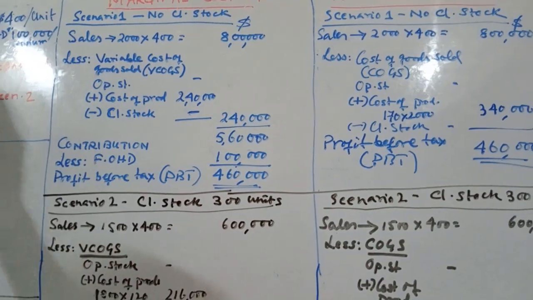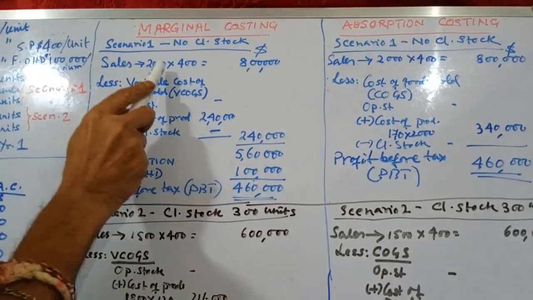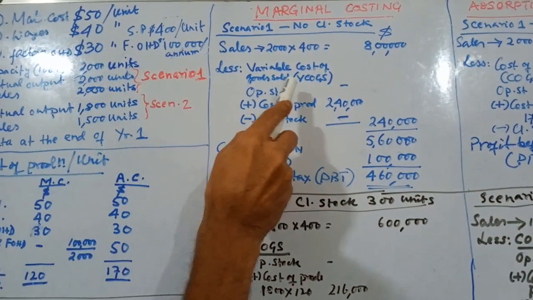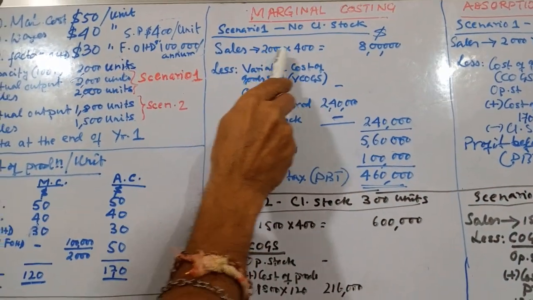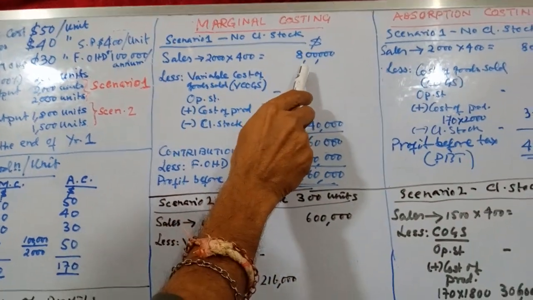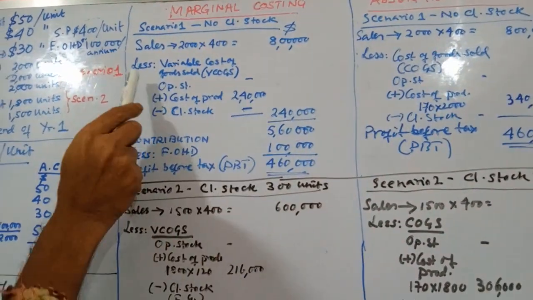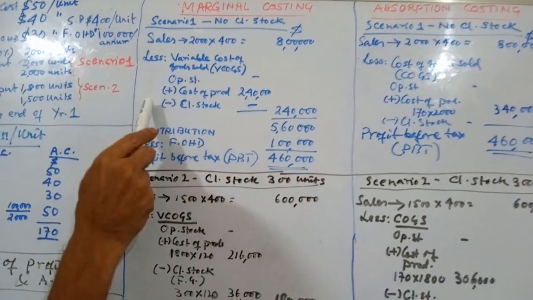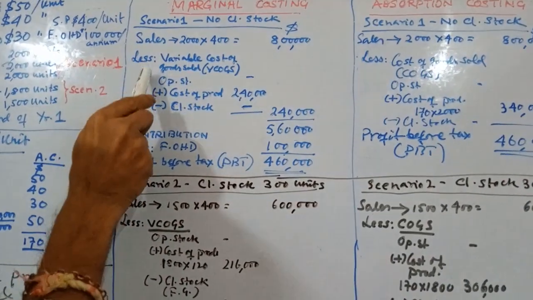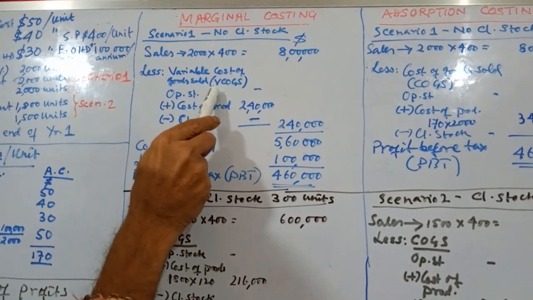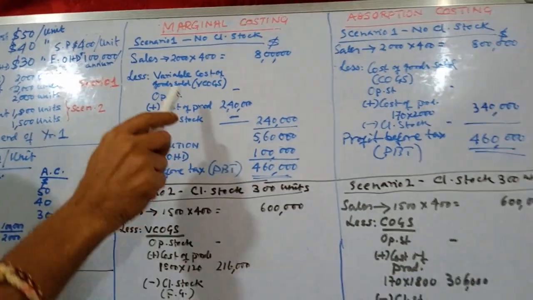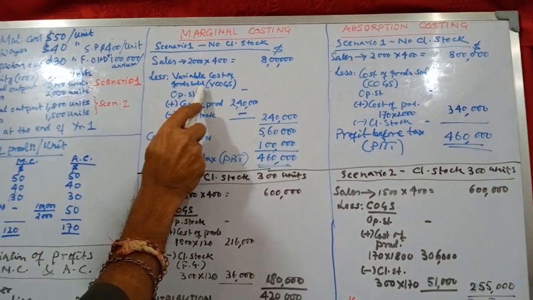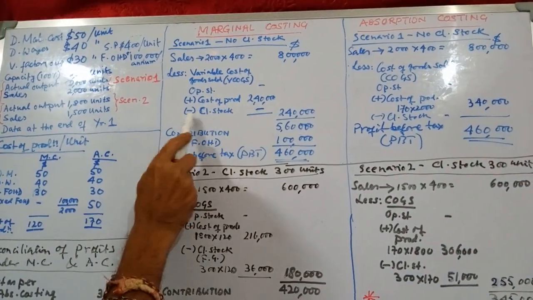Sales, 2000 into 400, number of units sold into sales price per unit, that gives us 800,000, less variable cost of goods sold. Remember, in marginal costing we will deduct variable cost of goods sold from sales, and that we find out in this way, that is opening stock plus cost of production less closing stock.